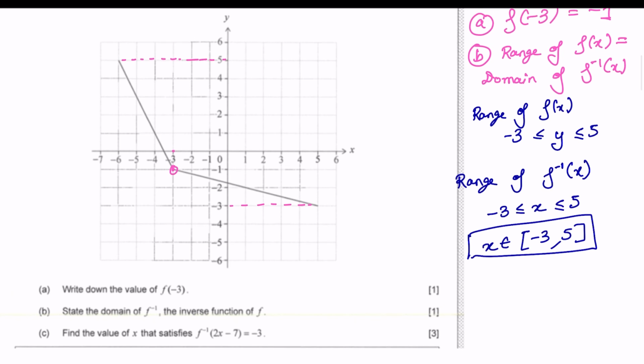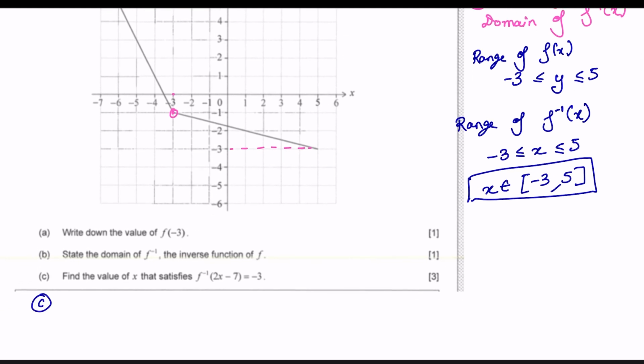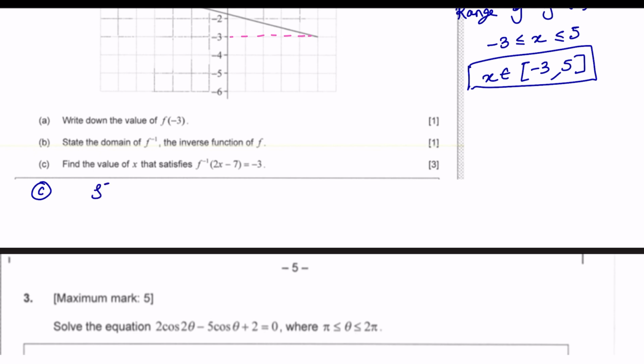Now coming to part C, we have to find the value of x that satisfies f inverse of 2x minus 7 equals -3. For this, as it's an equation, I can take f on both sides. So f of f inverse of 2x minus 7 will be f of -3.